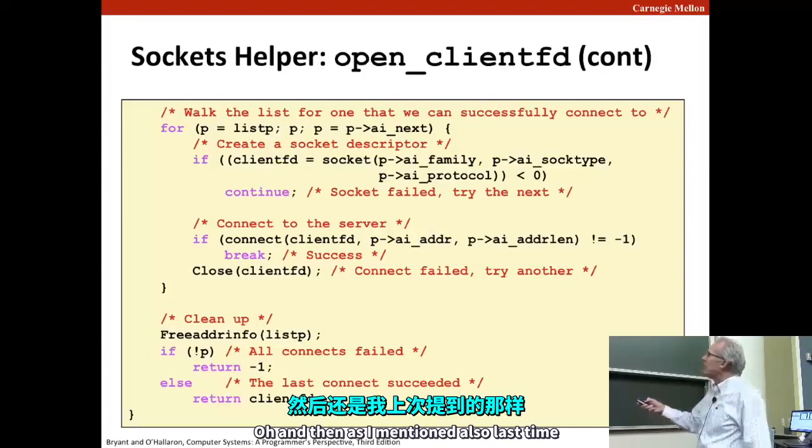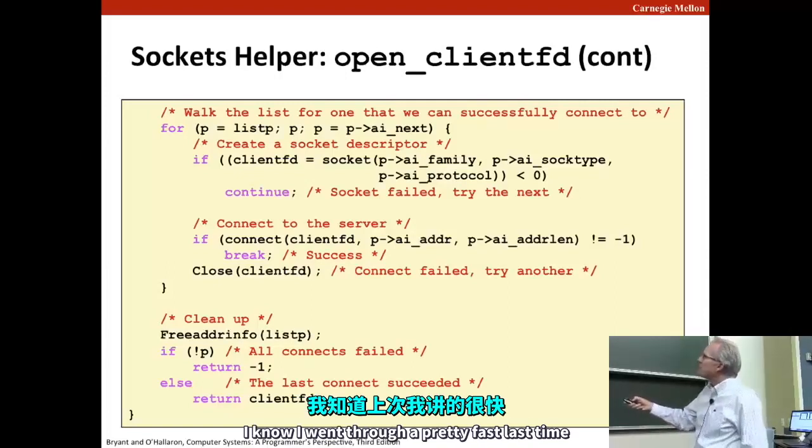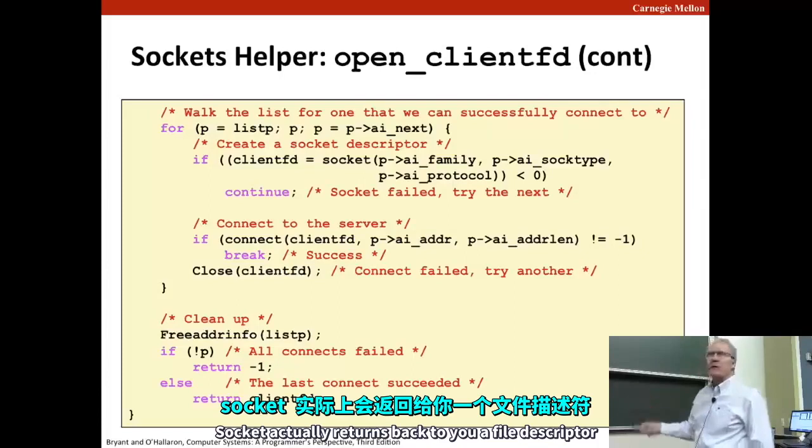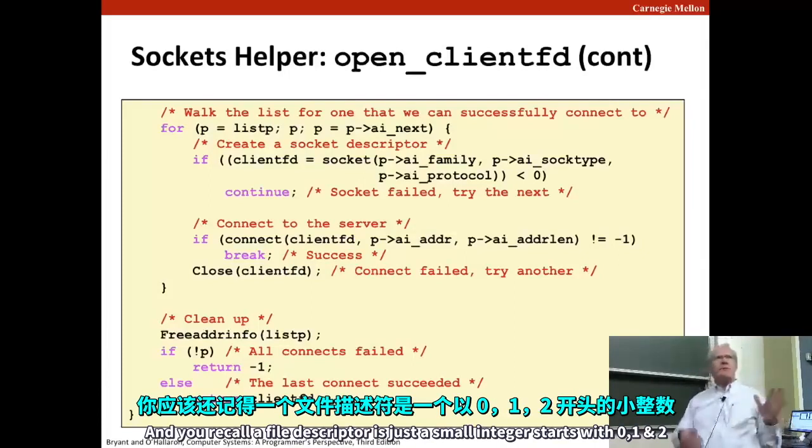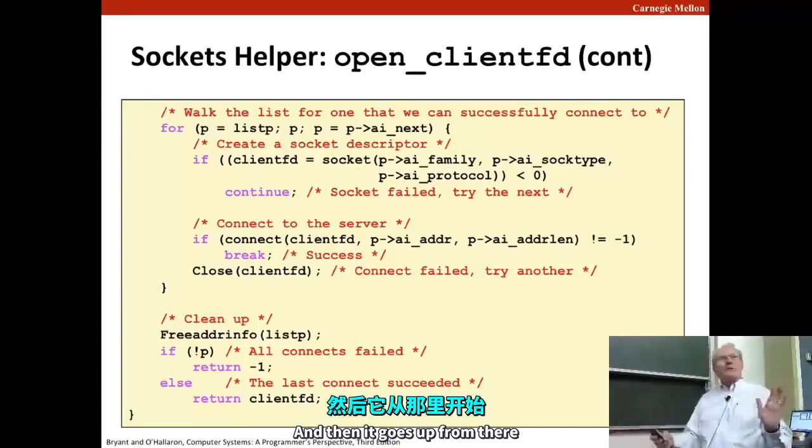And as I mentioned last time, socket actually returns to you a file descriptor. You recall a file descriptor is just a small integer, starting with 0, 1, and 2, and then it goes up from there.